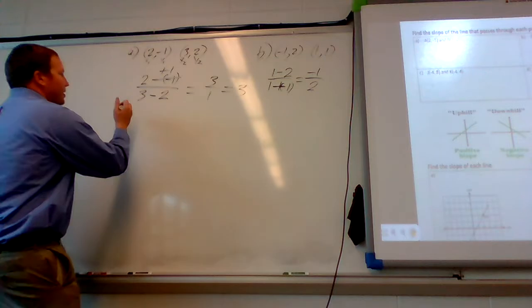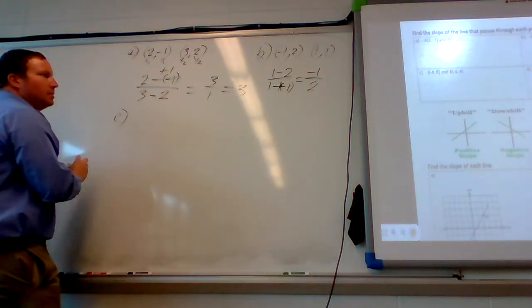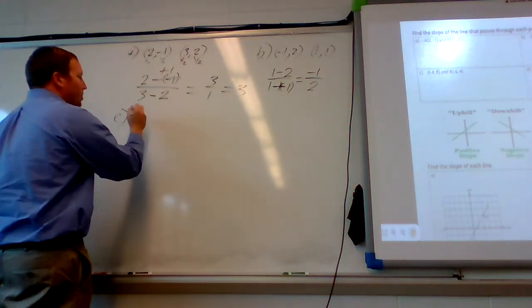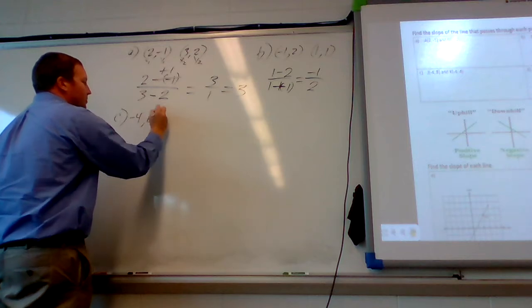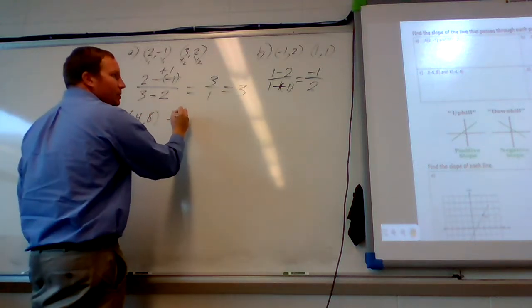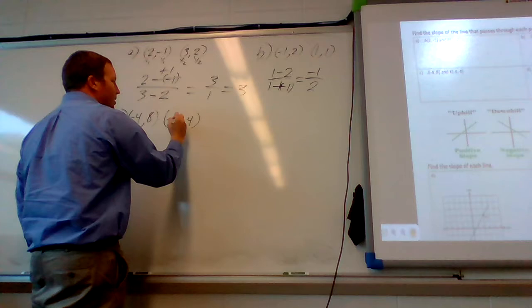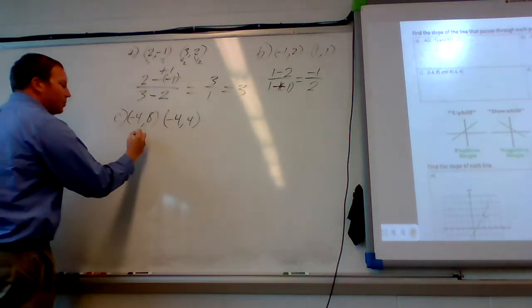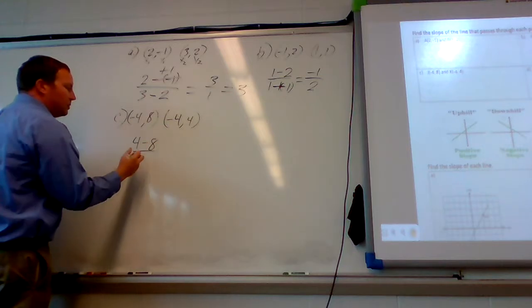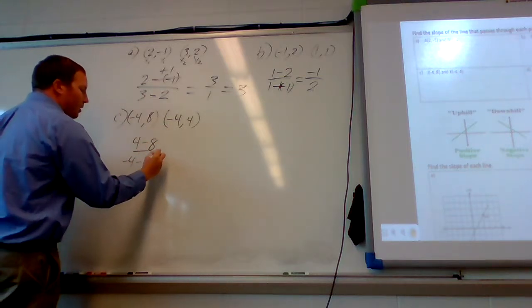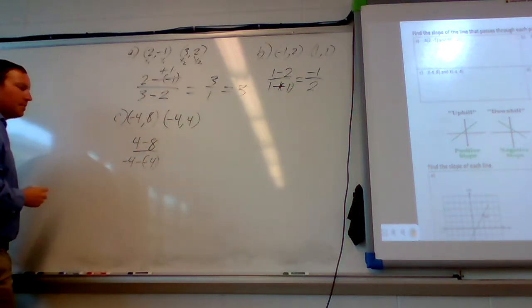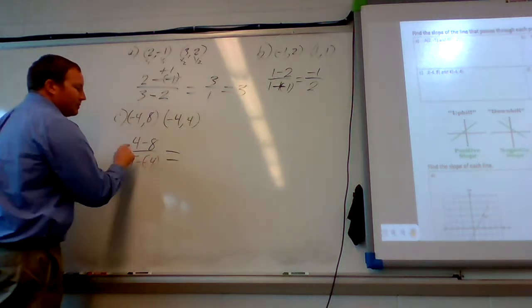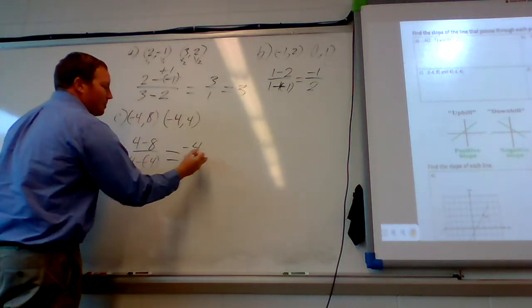And then we have C. So here's our special cases. We've got the point negative 4, 8, and the point negative 4, 4. So 4 minus 8, and then negative 4 minus negative 4. So 4 minus 8 is negative 4.